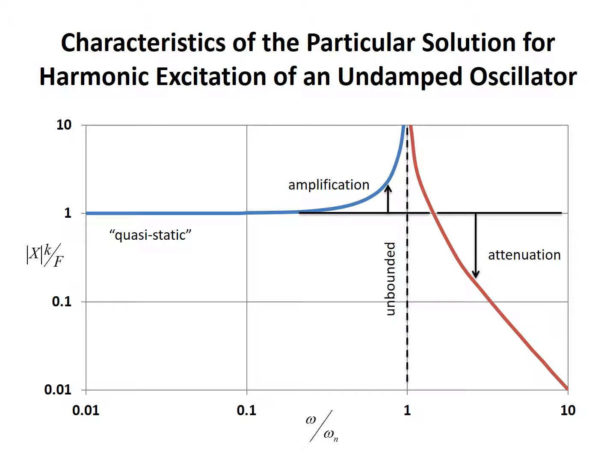Now there's a regime in the middle, when omega is approximately equal to omega sub n, or in this chart, omega over omega sub n is approximately equal to 1, where the response is amplified. And of course, as the driving frequency becomes close to the natural frequency, as we just discussed, the response becomes unbounded.